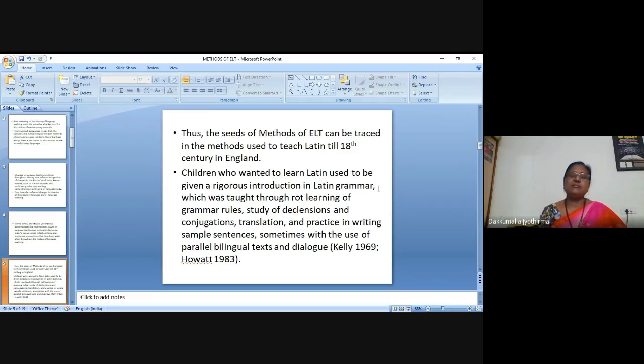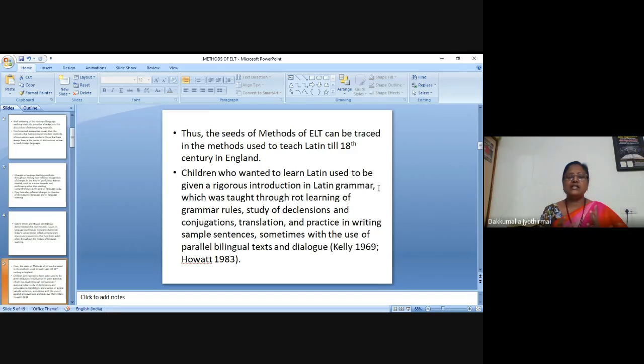So it is not simply grammar rules, but the study of declensions, how and where they are applied, how there will be an exception to the rules, and what the conjugations are and how to translate, and practice in writing.